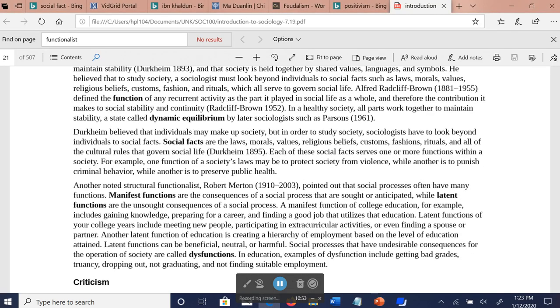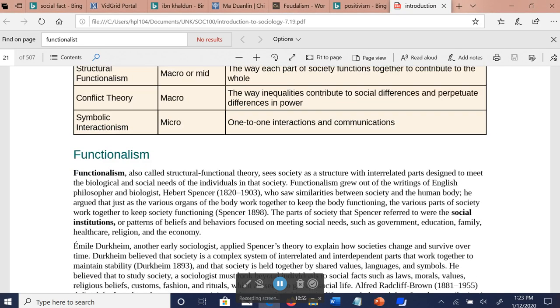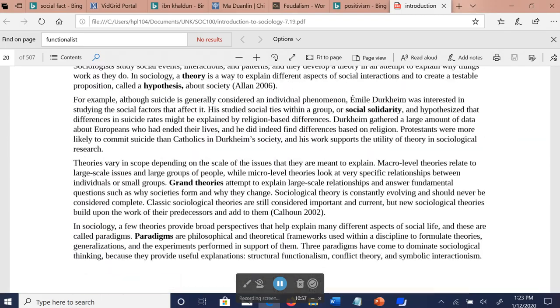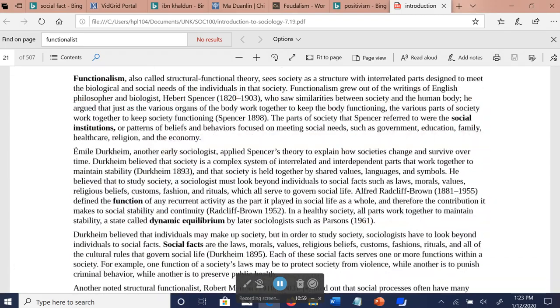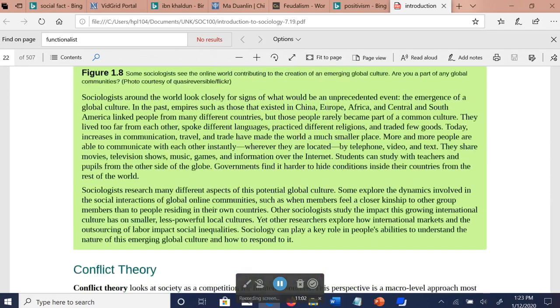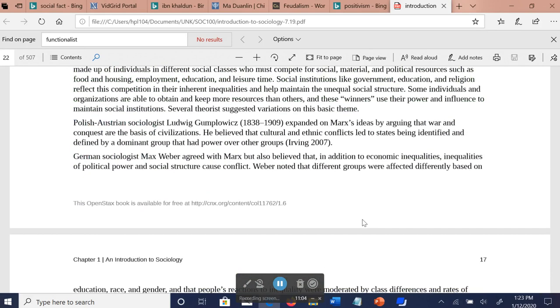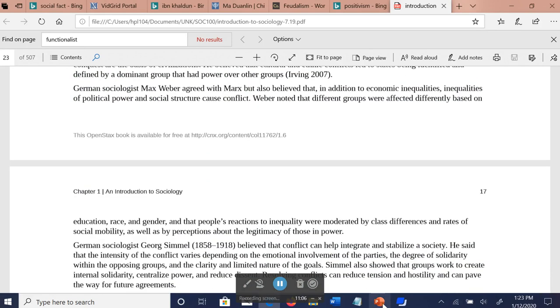So, I think solidarity is somewhere in your textbooks. You can just do a search on it.